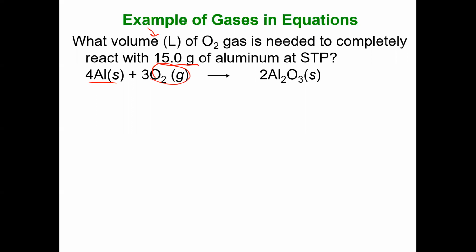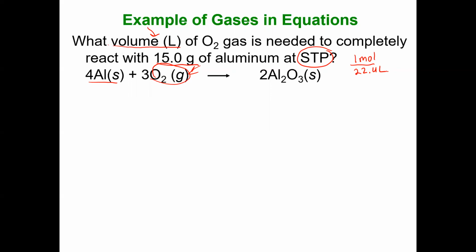Now, in the past, we dealt with solids pretty consistently, so we were always given grams, and we could easily convert grams to moles using molar mass, and then use our mole ratios in our balanced equation. In this case, when we're looking for the desired unit, instead of going to grams, they want liters. But the nice thing is, because this is a gas and it's at STP, I can use that 1 mole of any gas is 22.4 liters.